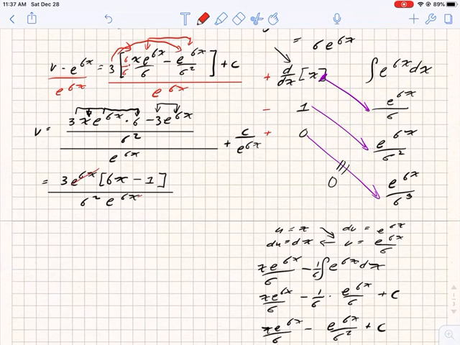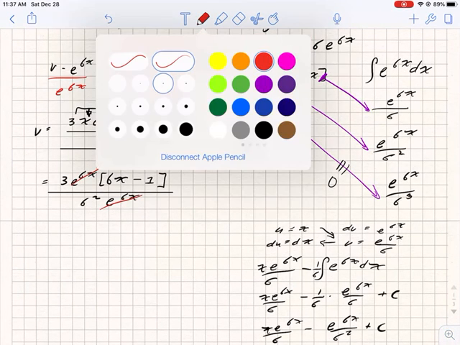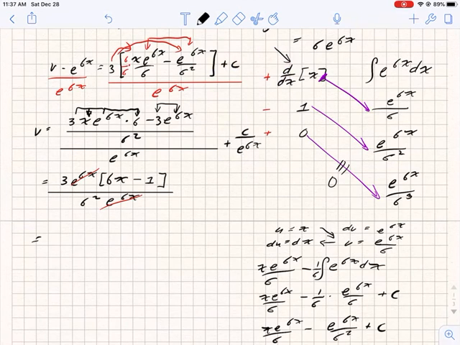Then we notice the 6 e to the 6x cancels. Just trying to make this look as pretty as possible. So this looks good.